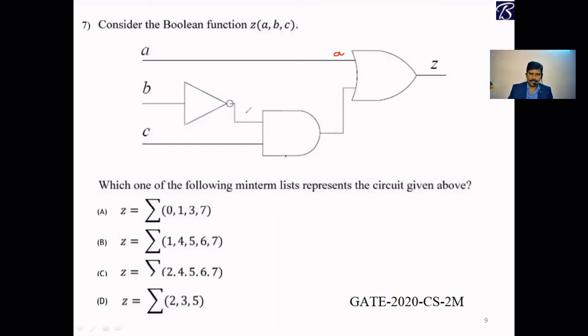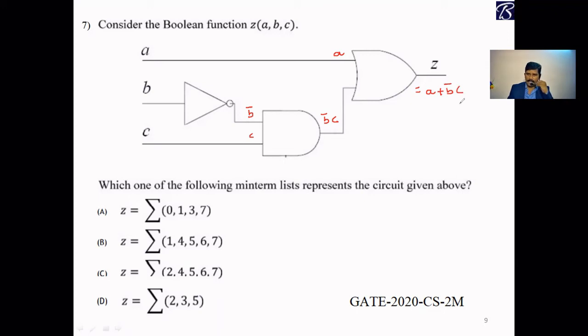For the NOT gate, it is B bar. Here it is C. What is the output of the AND gate here? B bar C. So Z equals A plus B bar C.